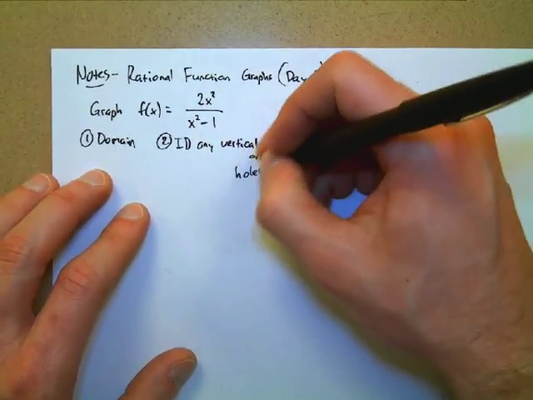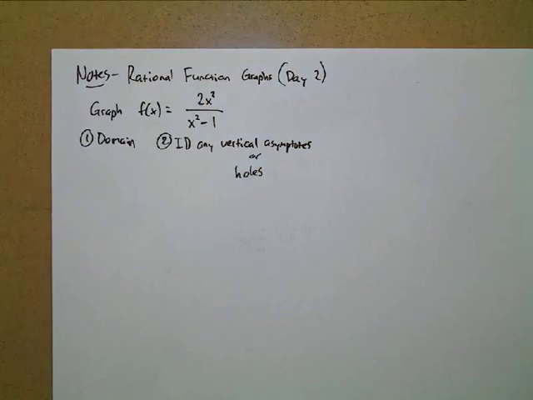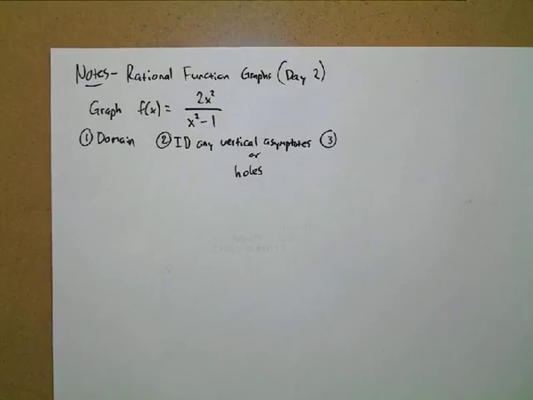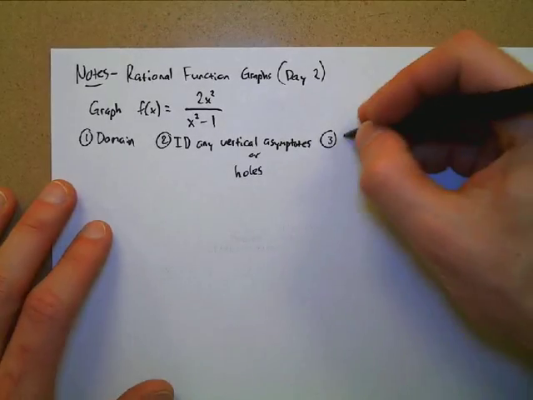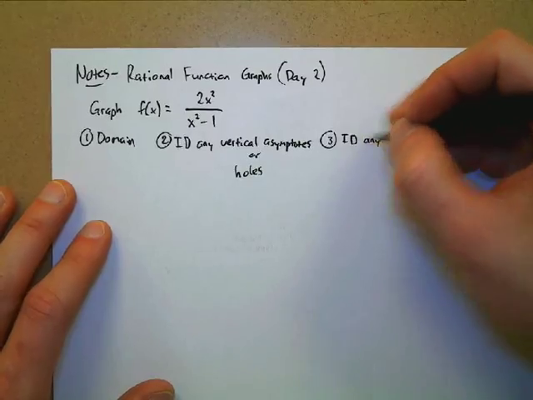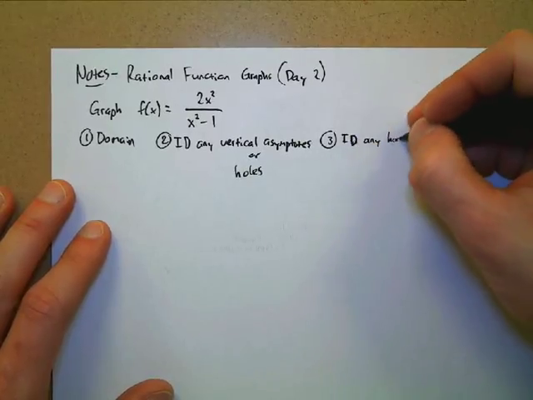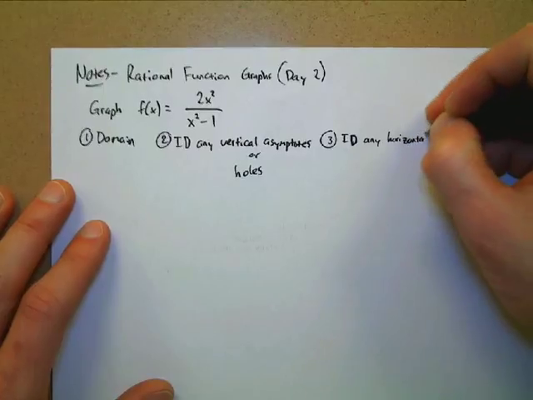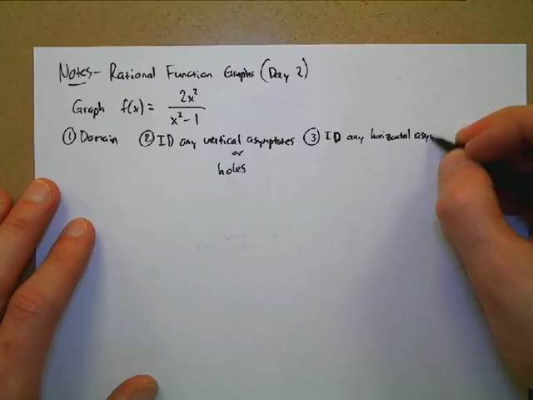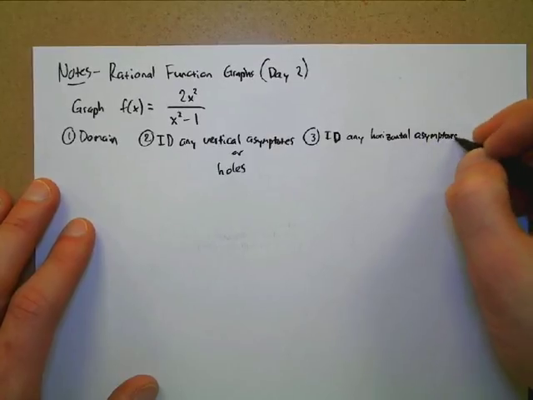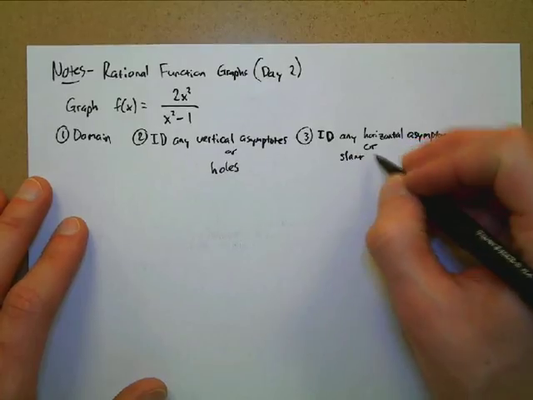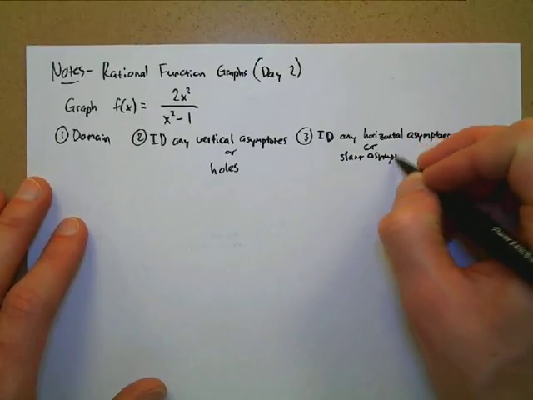Then we also want to identify any horizontal asymptotes first, or slant asymptotes.